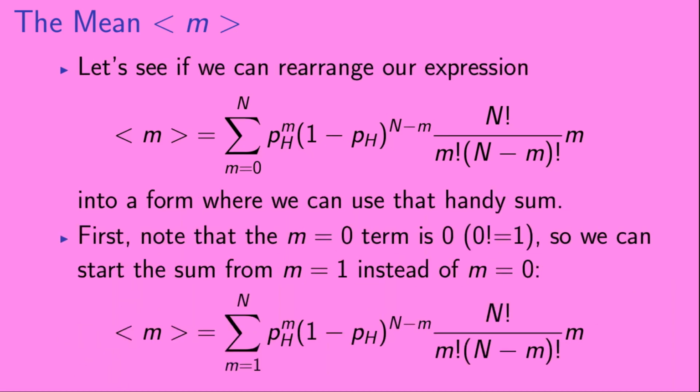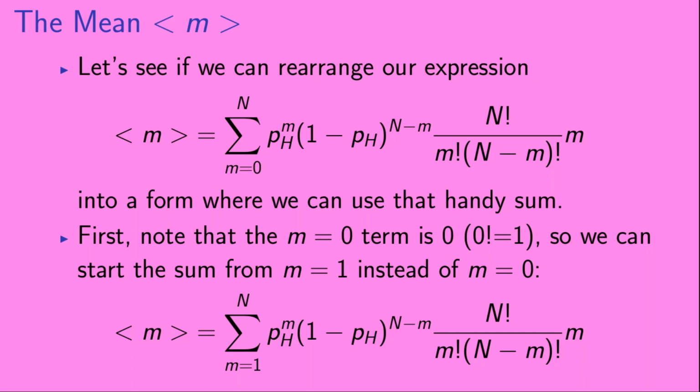Okay, so let's see if we can rearrange our expression for the mean value of m into a form where we can use that handy sum from earlier. So first, let's note that the m equals 0 term in the sum is equal to 0.